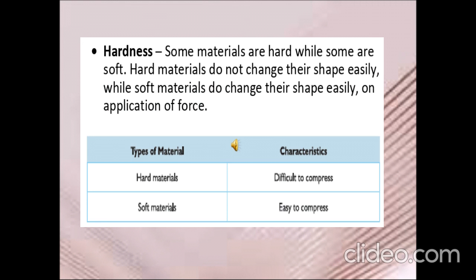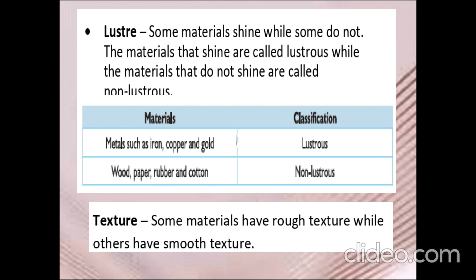Soft material can be compressed easily. Examples of hard materials are iron, copper, etc. Examples of soft materials are cotton, wool, etc. Then lustre means some materials shine. Right? The lustrous materials may be iron, copper, gold. Non-lustrous are wood, paper, rubber, cotton, etc.